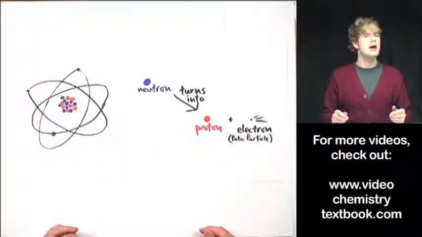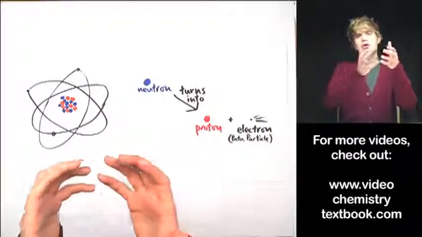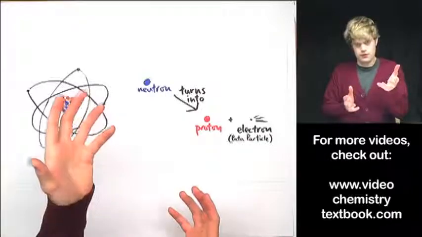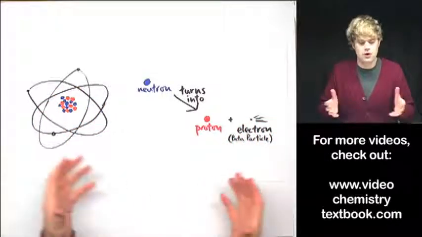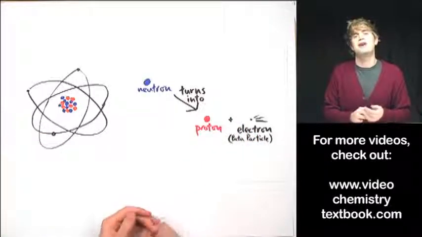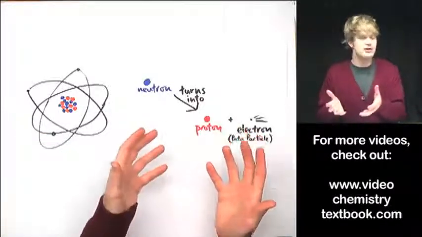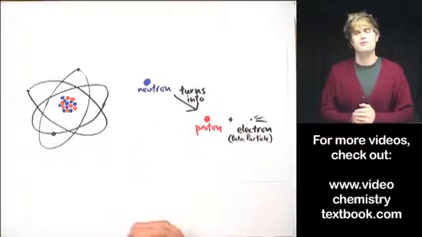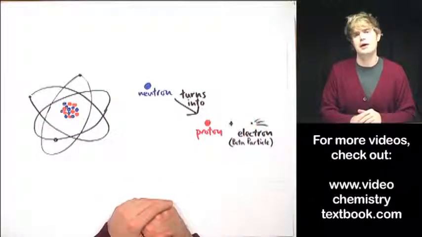By doing beta decay, they can lower the number of neutrons and increase the number of protons. After that process, they'll become happier, or to sound more scientific, more stable. Okay? So that is an overview of beta decay.